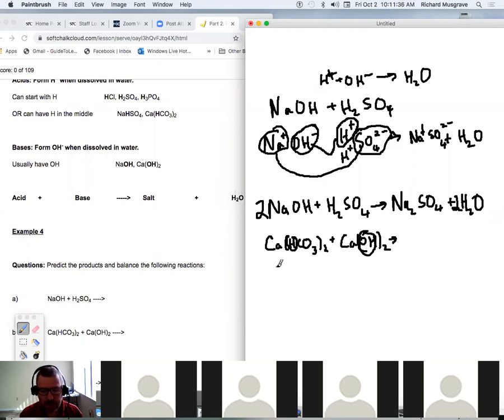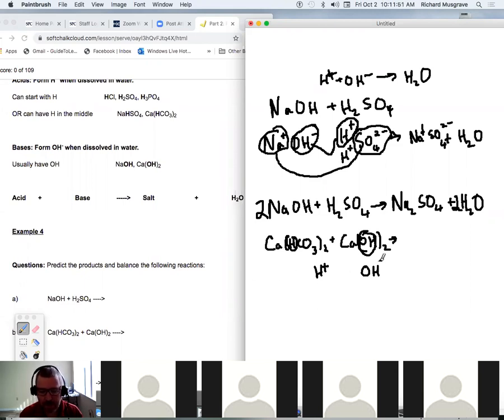So if I drew a picture of this, I'd want to draw a picture so that the H plus came out. And I'd know to do this because in these kinds of problems, I'm told that, or on the test at least, that it is an acid-base problem.